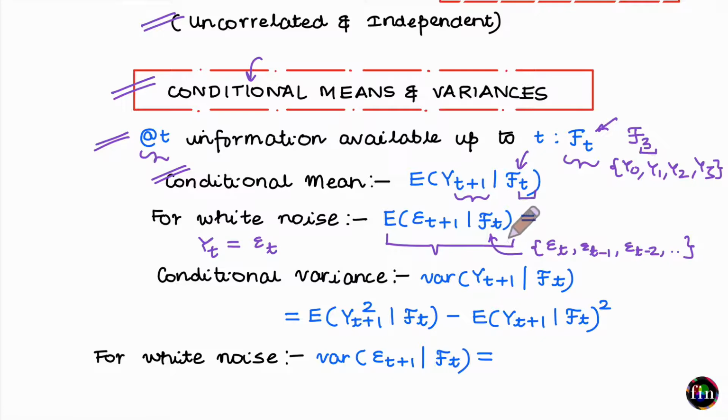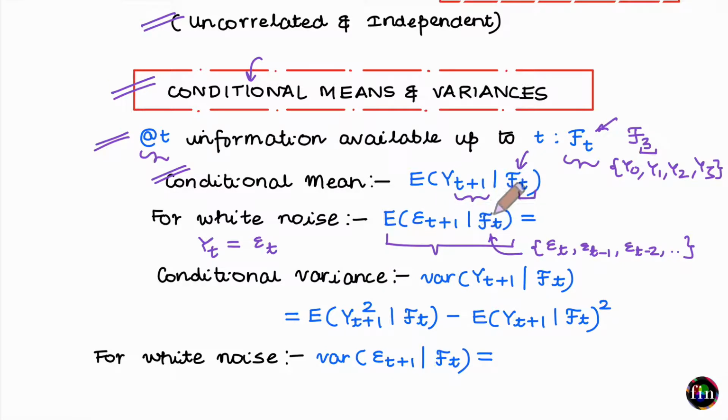Now, when we make the assumption that these epsilons are serially uncorrelated and, in a stronger sense, serially independent, this recorded set of values of epsilon will play no role whatsoever in finding the expected value of the epsilon in the next time instant.